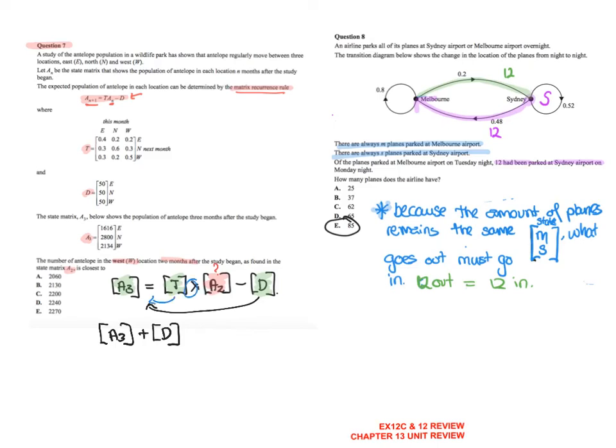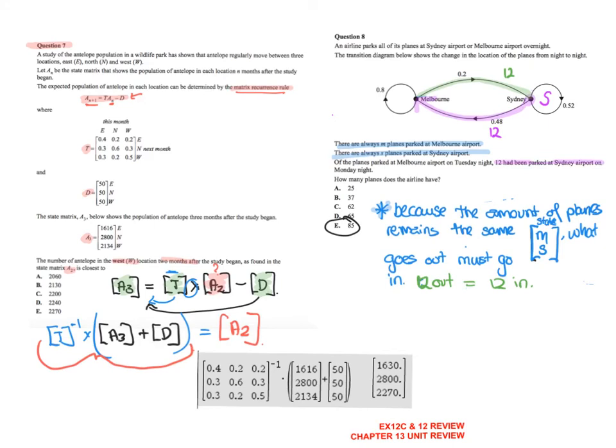Now it's timesing, so it'll divide, but we don't divide, we multiply by the inverse. And because it's at the front, I'm putting it at the front here. So essentially we are left with A2. We've got a formula now for A2. So this is what we will type into the calculator.